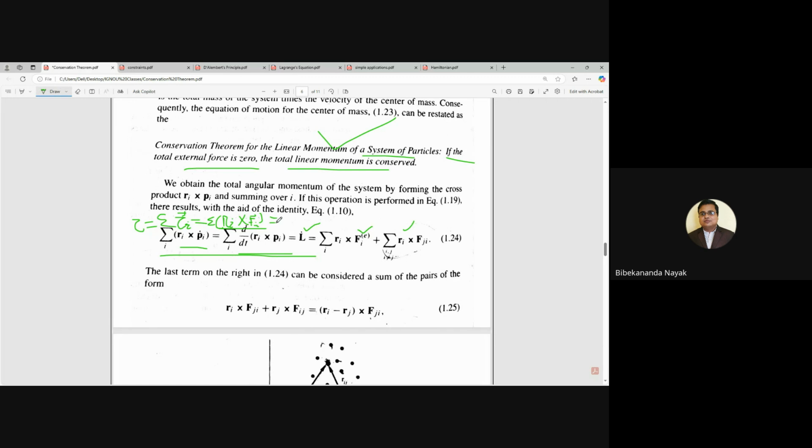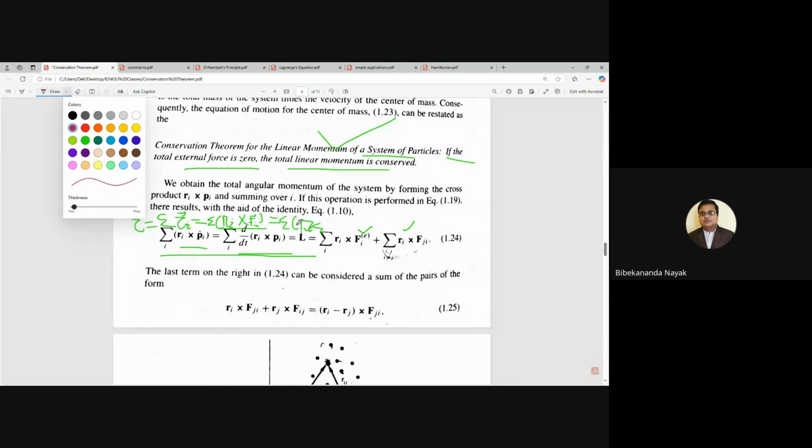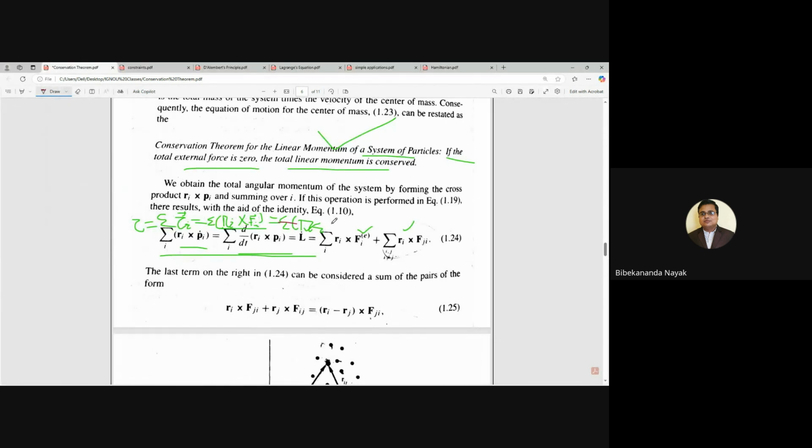Here I can write this term as the sum over r_i cross F_i, meaning external force plus internal force, F_i^e plus F_ji summed over j.